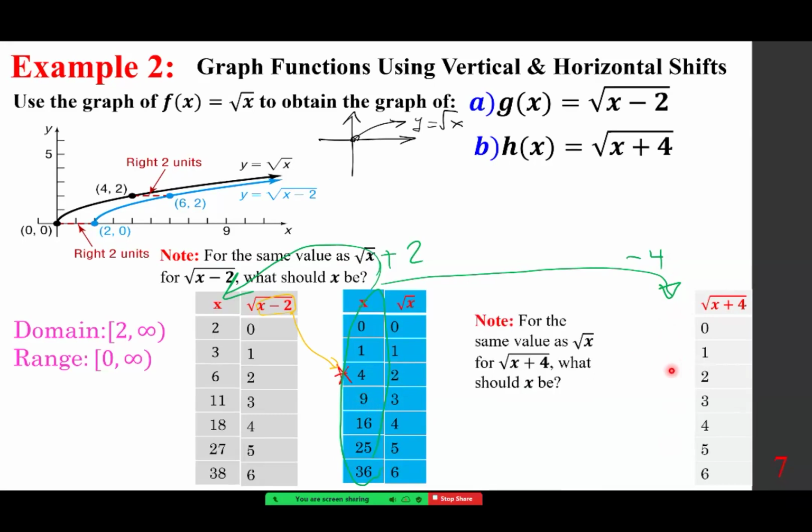When you put it here, for the same value as square root of x plus 4, what should x be? Subtract 4 from this column. This is 32, everybody.